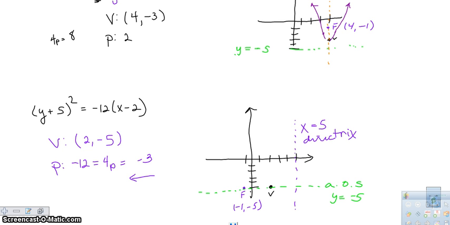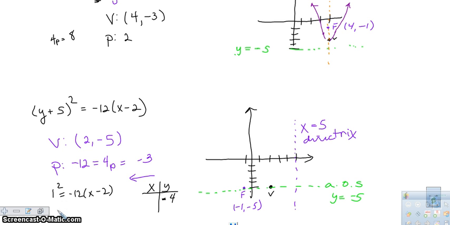So I have everything except for my extra points. So I make my t-chart. But this time, since y was squared, I'm going to pick a y value because it's the squared variable. And y is negative 5 here, so I'm going to pick negative 4. So if I put negative 4 in there, I get 1. 1 squared equals negative 12 times x minus 2, right?